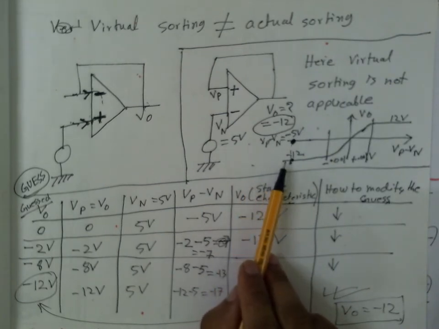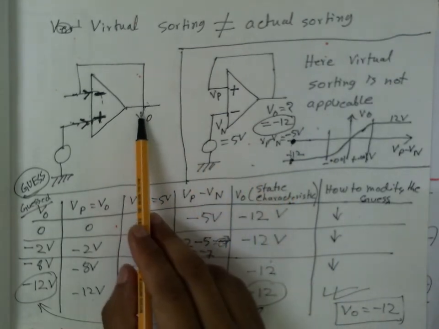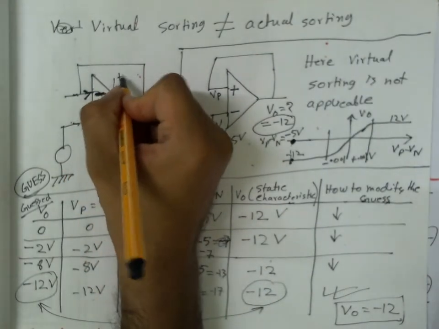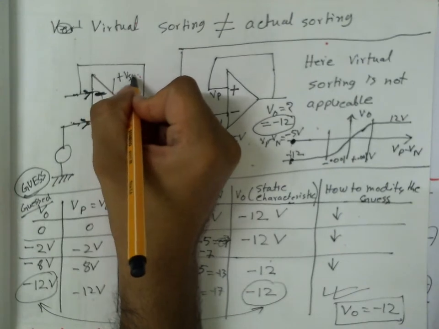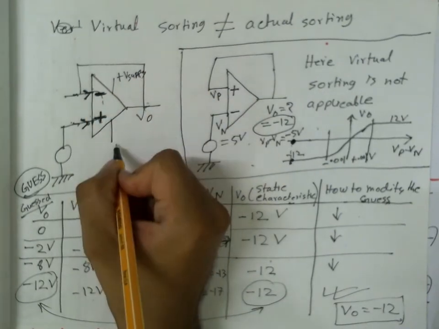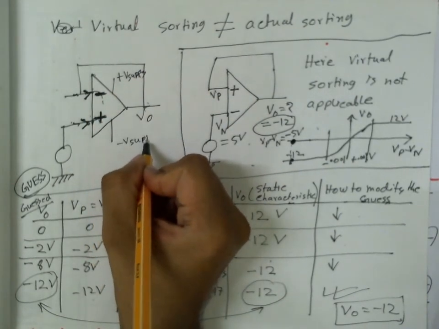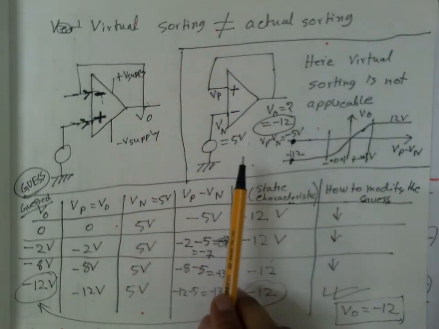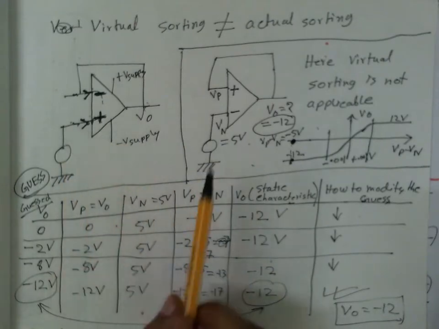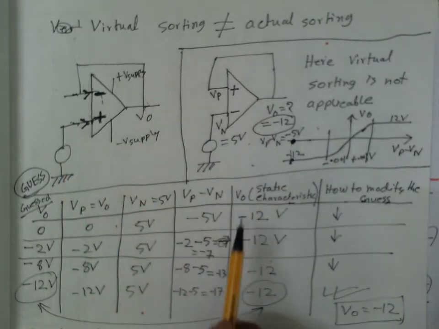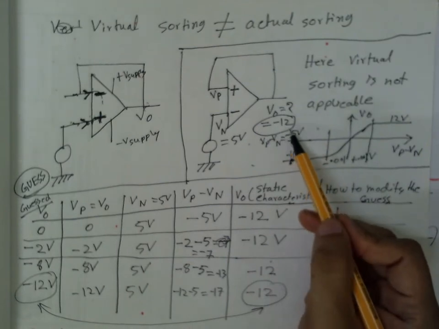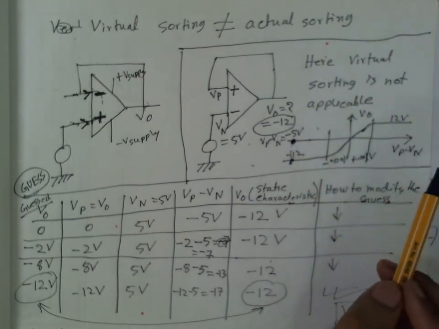In an op-amp, the output can never go beyond the range of plus V supply and minus V supply, which is 12 volt in our case. So the output cannot go beyond plus minus 12 volt. It is always between plus and minus 12 volt. So this we call a saturation situation.